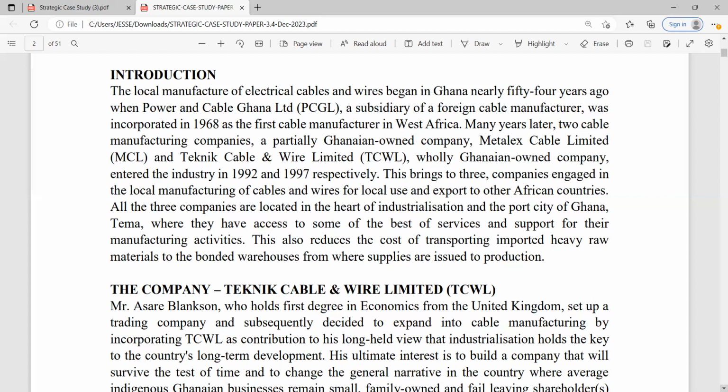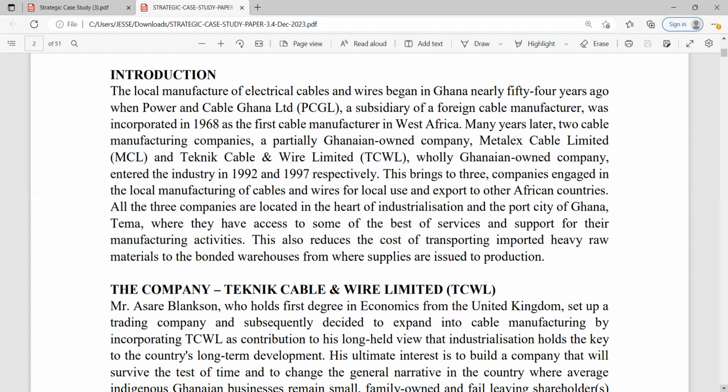So first of all, you should think about your models, your SWOT analysis model, your PESTEL framework, and all of that. You see a huge opportunity here: anyone who steps into the West African region first is going to benefit because they are the only people. And Power and Cable Ghana Limited has been able to do that.